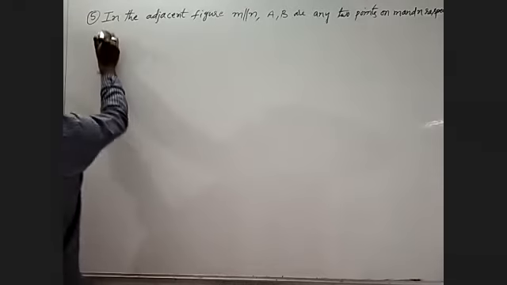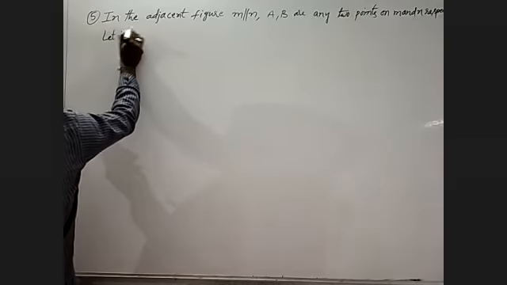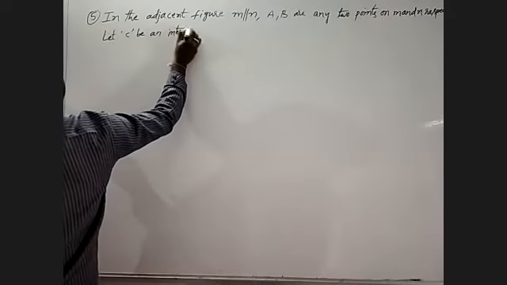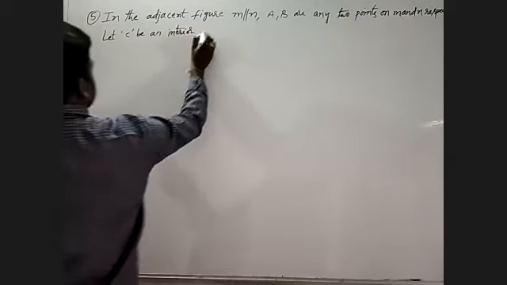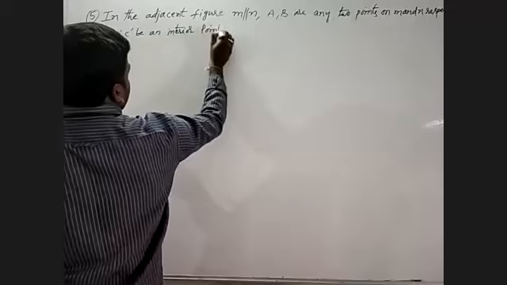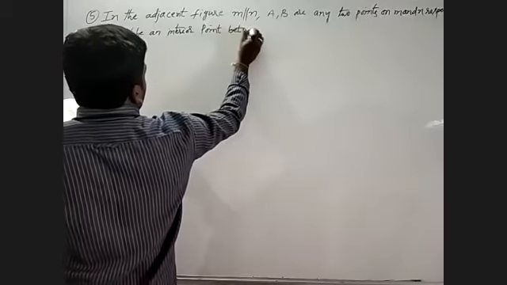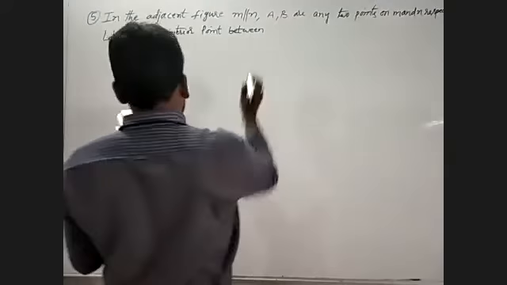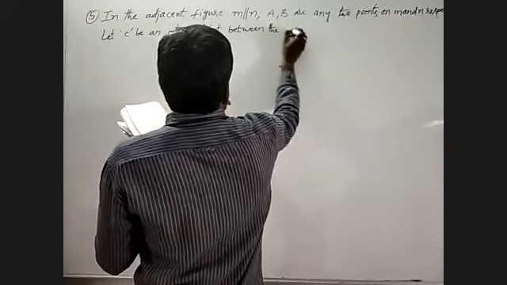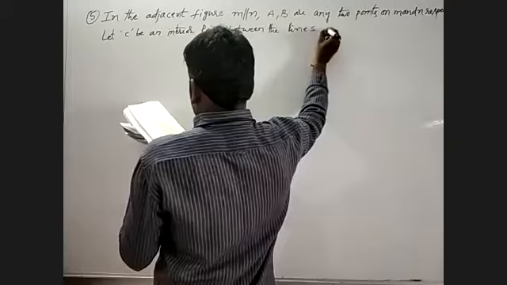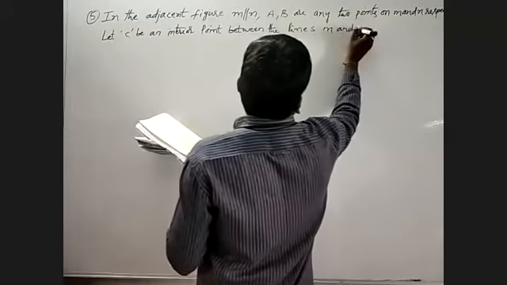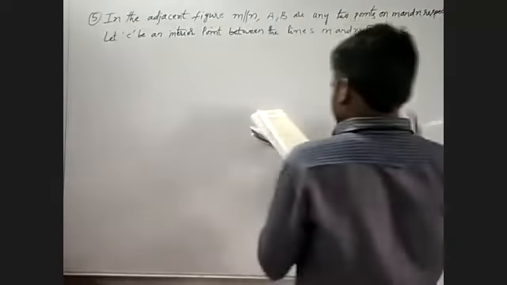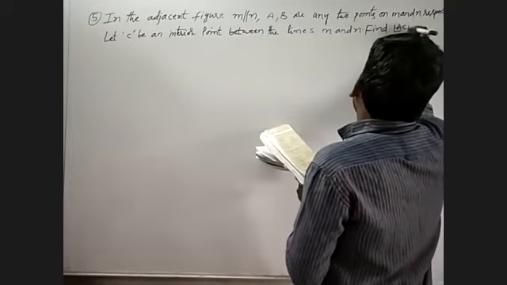Let C be an interior point between the lines M and N. Find angle ACB.